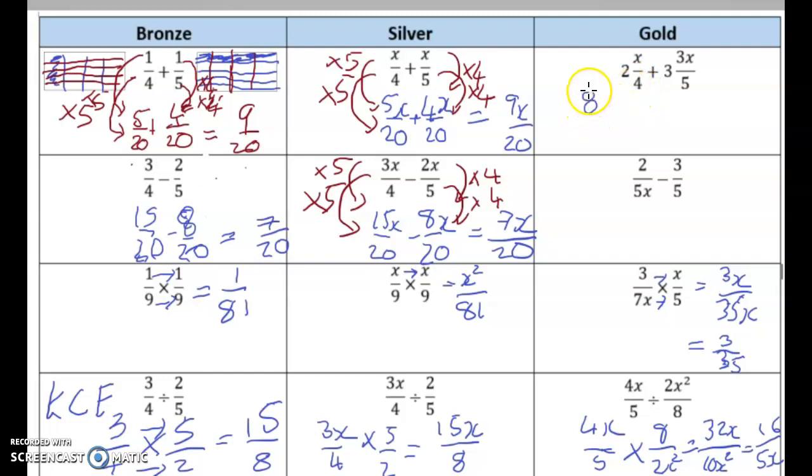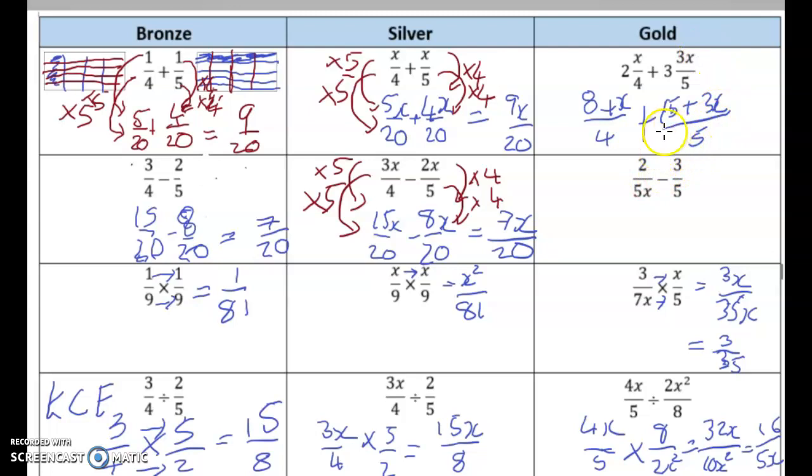So you've got 8 plus x, over 4. Then you need to add on the 15 fifths, because 3 times 5 is 15, plus the 3 x's, over 5.